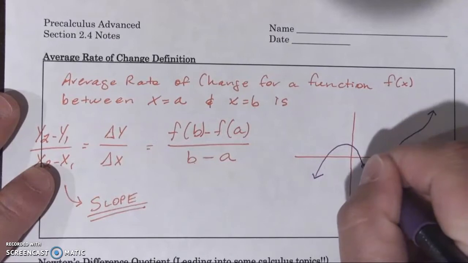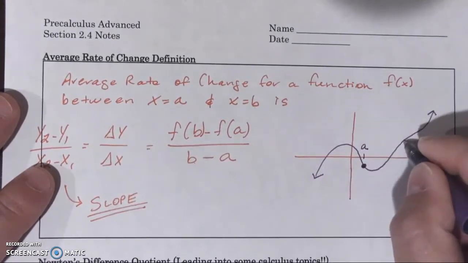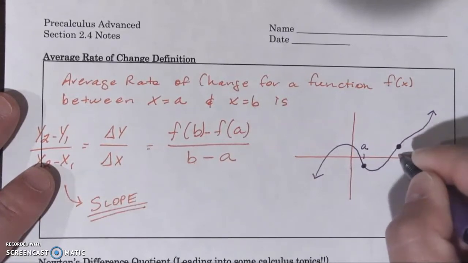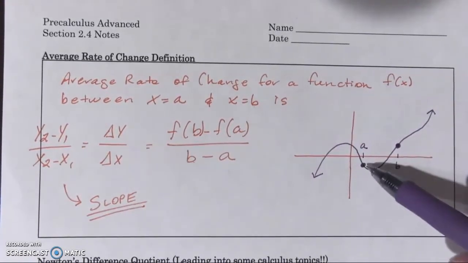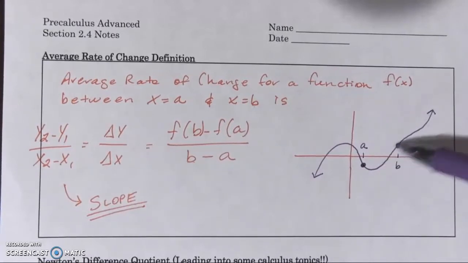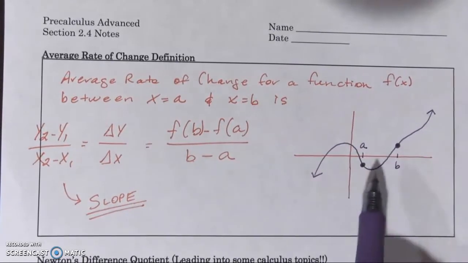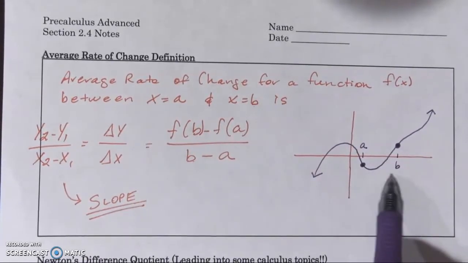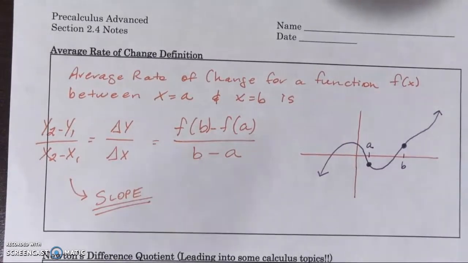So let's put A here, and maybe we'll put B right here, okay? And between these 2 points, there is an average rate of change. It's basically how much do we increase or decrease in our y value or our f of x value for however many we're going in the x value. The change in y over the change in x, okay?